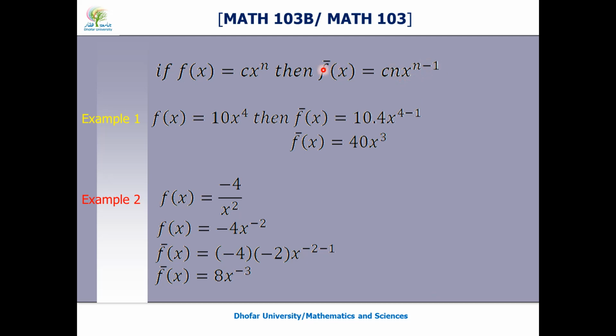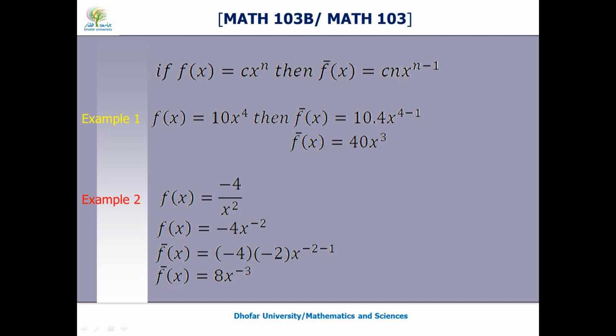So the difference between this case and the previous case is we have a number here, a constant multiplied by x. So this will not change anything in the differentiation rule. We just multiply the power n by this constant c.